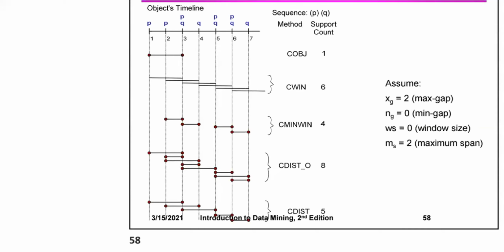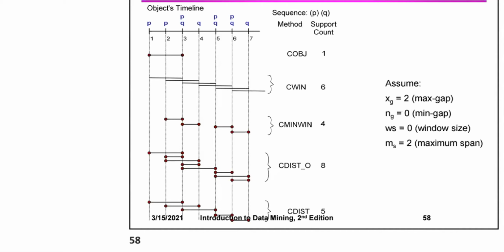If the occurrence times of events P and Q are denoted as a tuple (T of P, T of Q), then this method yields 8 distinct occurrences of the sequence PQ, that is the times 1 3, 2 3, 2 4, 3 4, 3 5, 5 6, 5 7 and 6 7.